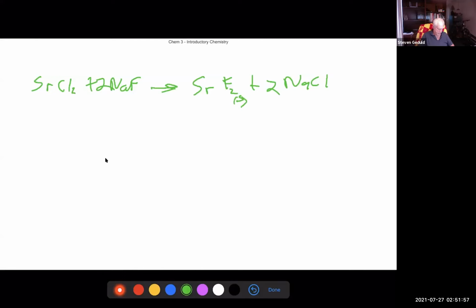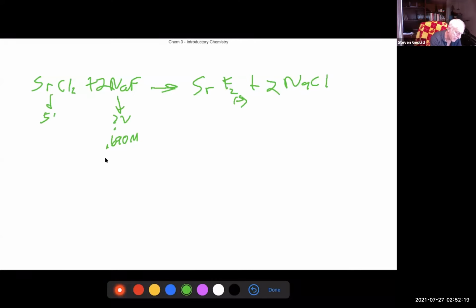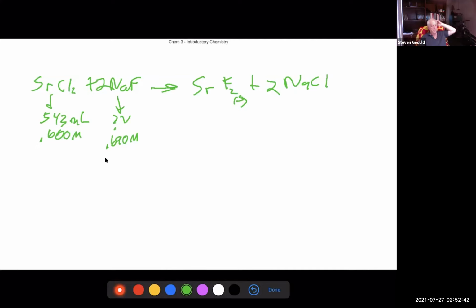What volume of 0.690 molar sodium fluoride is required to react completely with 543 milliliters of 0.600 molar strontium chloride solution?